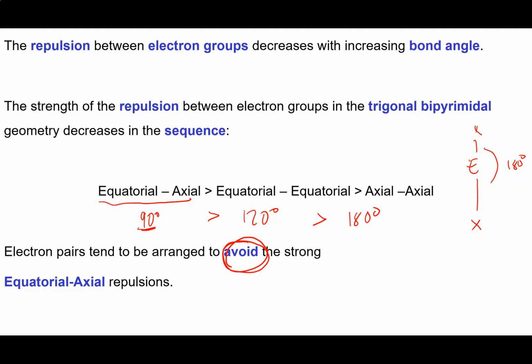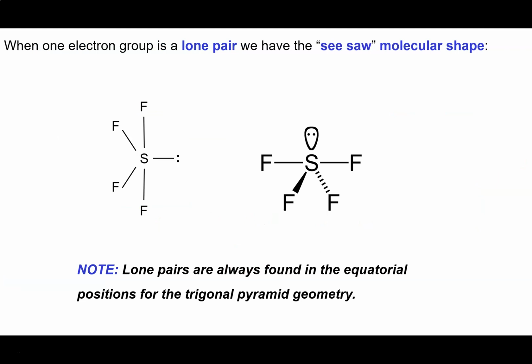Okay, so what does that mean for us? Well, it's pretty simple: when we add electron groups that are lone pairs, they always go into the equatorial position. That's how this manifests.